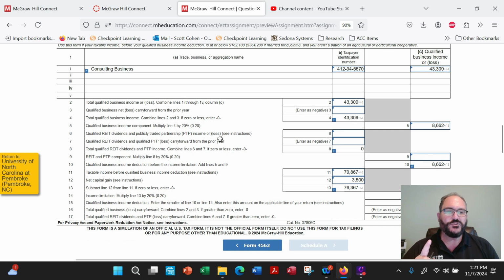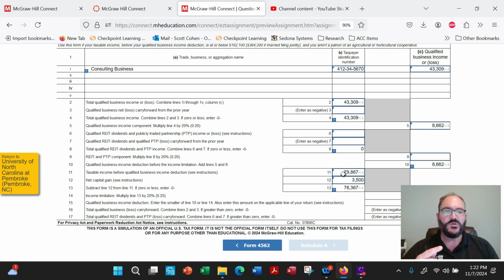8995, what this is, that's the QBI deduction, and basically what the QBI deduction is, okay, is you get to take a certain percentage, and it's 20%. So notice this is the amount that she made, the qualified business income after the Social Security taxes are taken out. Multiply that by 20%, you get that number. Then it says taxable income before the qualified income deduction.